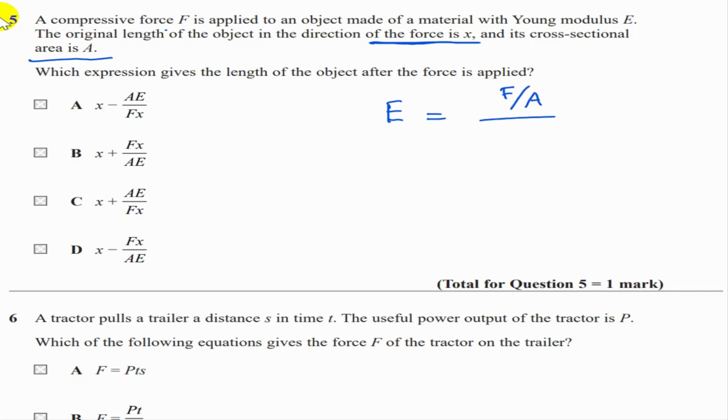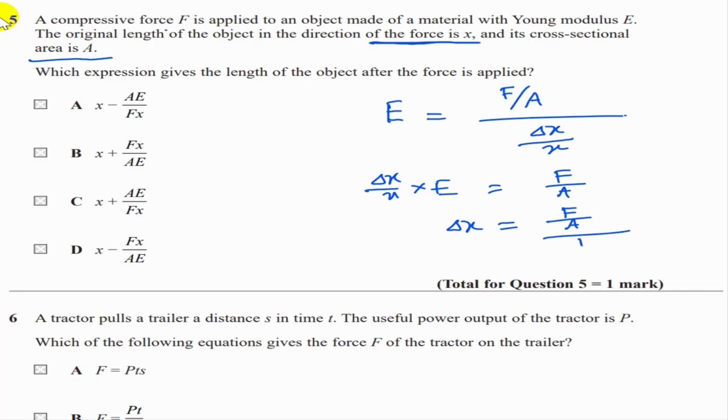Here, Young modulus E equals F by A, divided by change in length delta x divided by x. So we need delta x. So delta x equals F divided by A, divided by E, times x.